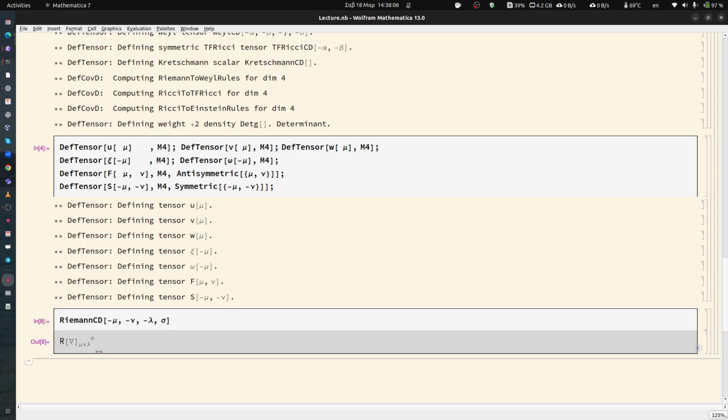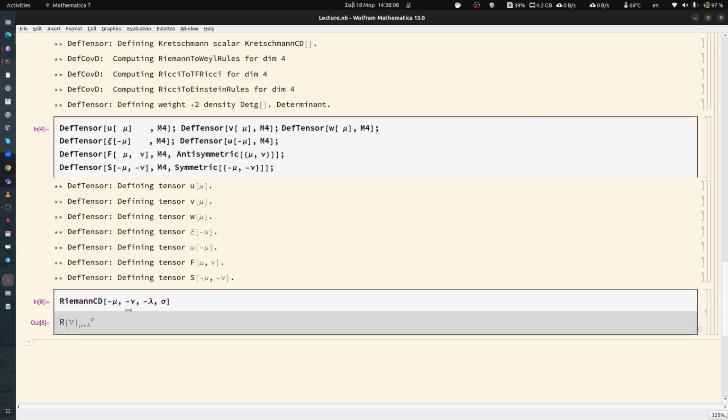And that can be more explicitly seen in the output form of this object here. So you see it has the symbol R, then the covariant derivative that is used for this Riemann tensor is put here in the square brackets, and the indices are placed in the right place.